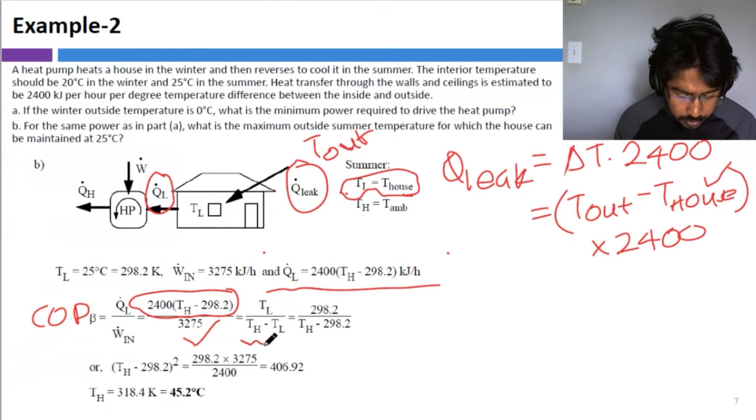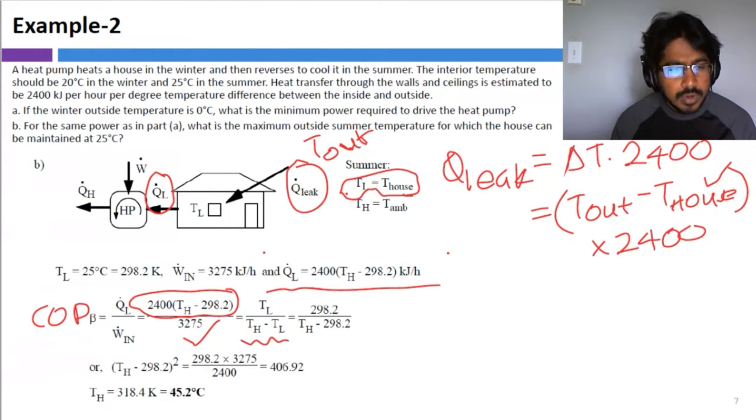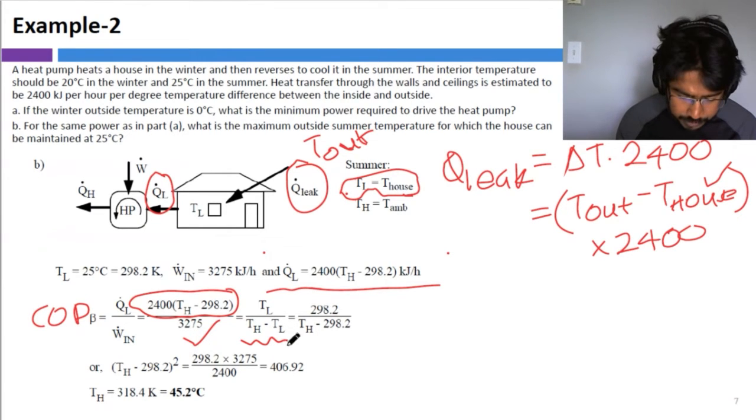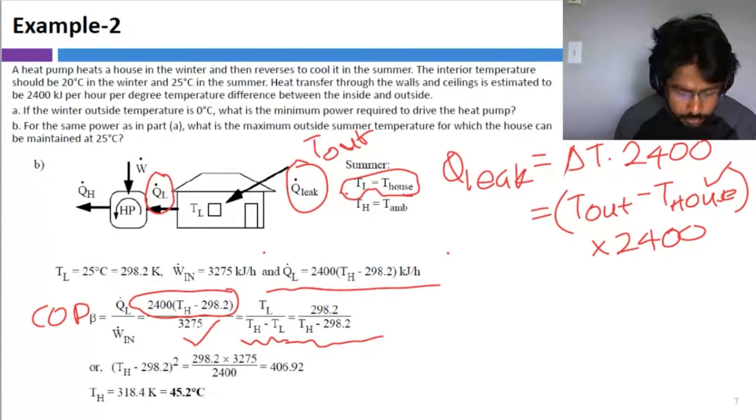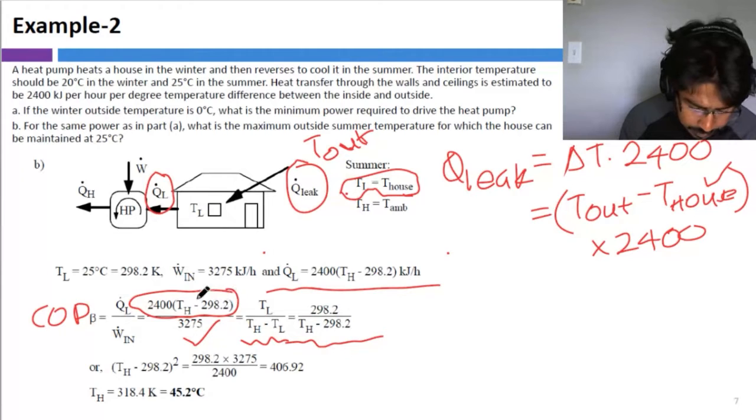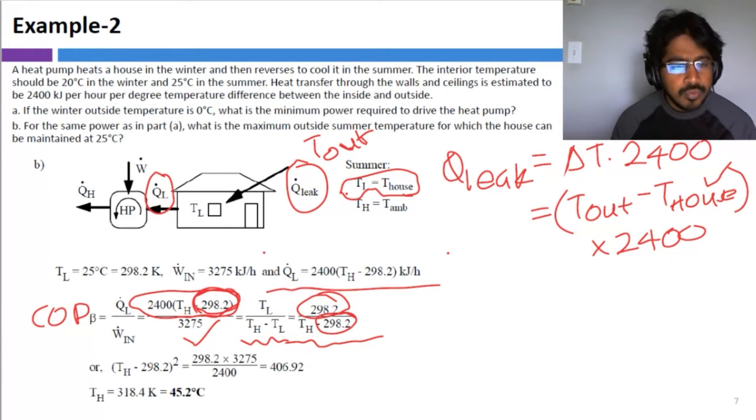When it comes to the cooling mode of a Carnot heat pump, the COP can be written as this. And we can substitute from the known values. We know the house temperature, so we plug in the house temperature, but we don't know the outside temperature, therefore we leave it as is. And when we are substituting in any of these, I reiterate, we have to use Kelvin everywhere, right?